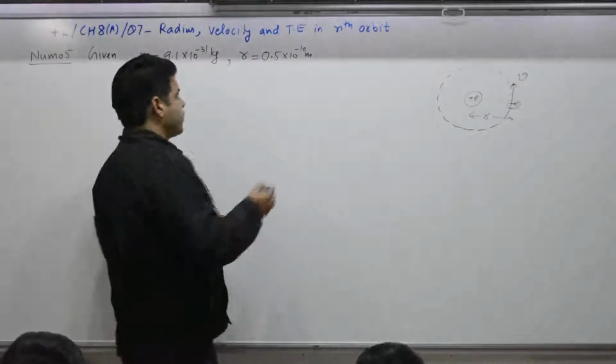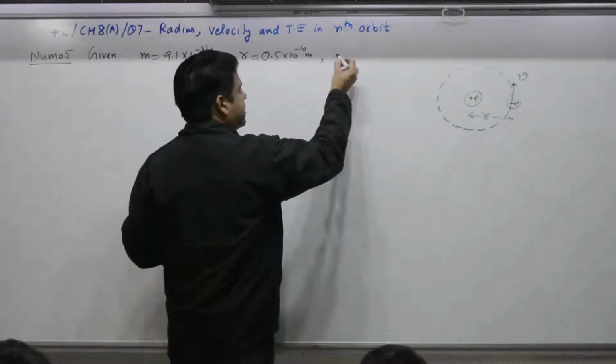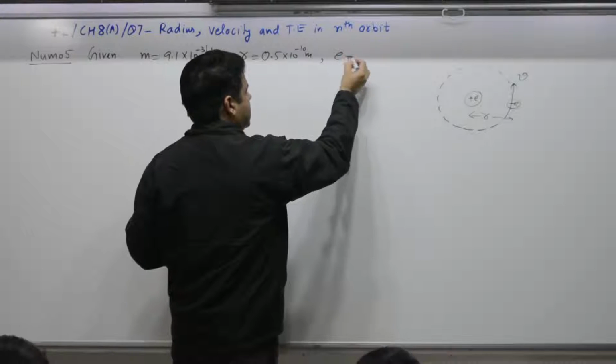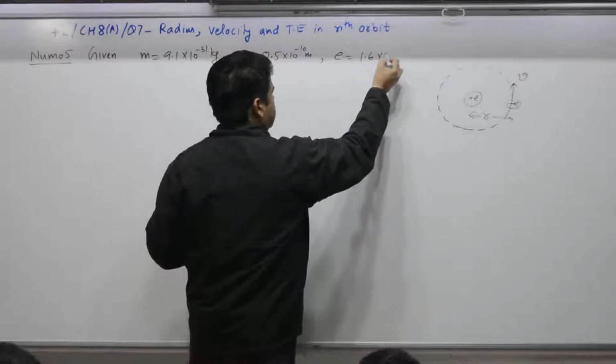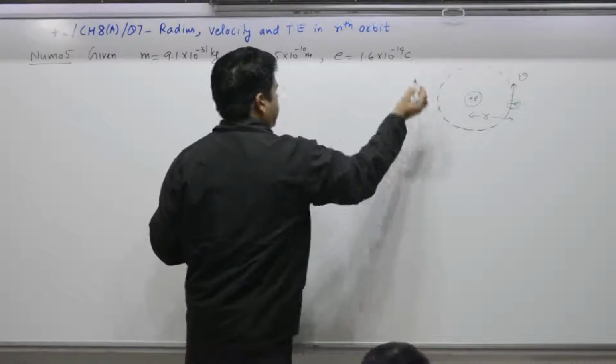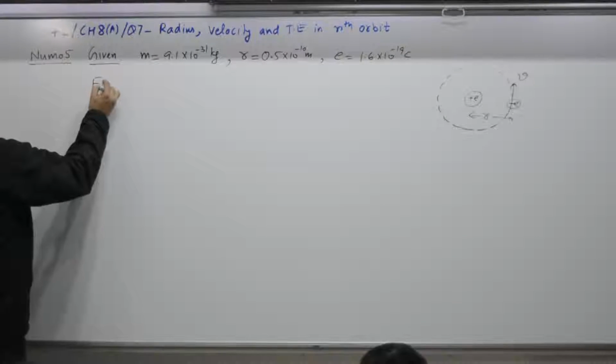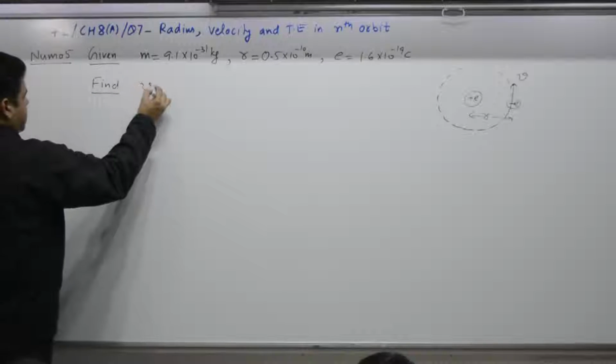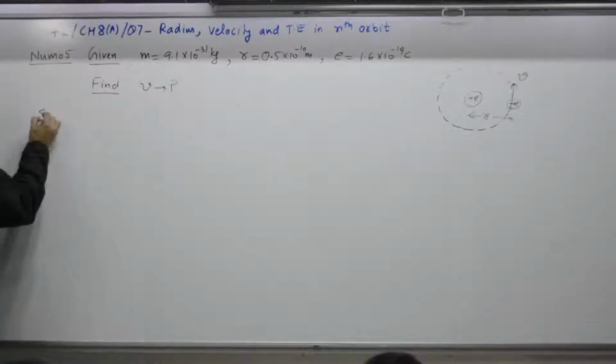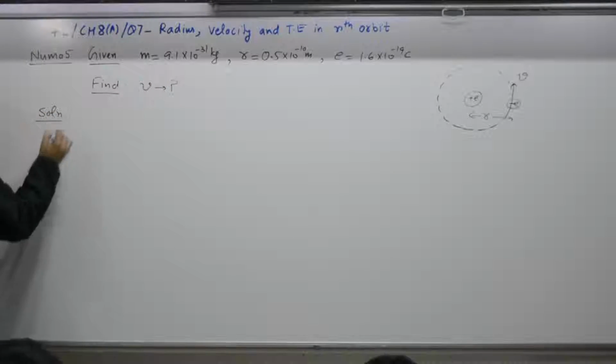We need it for a number of questions. And charge given how much? 1.6 into 10 to the power minus 19. What you need to find is the speed with which the electron moves. Yes, concept.